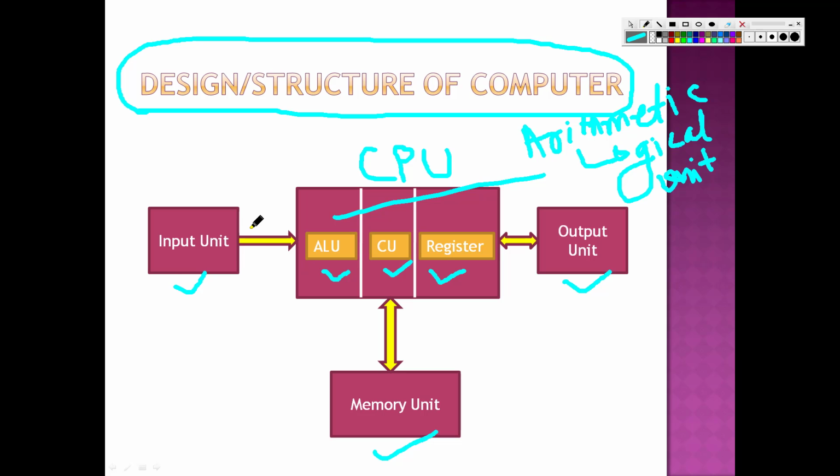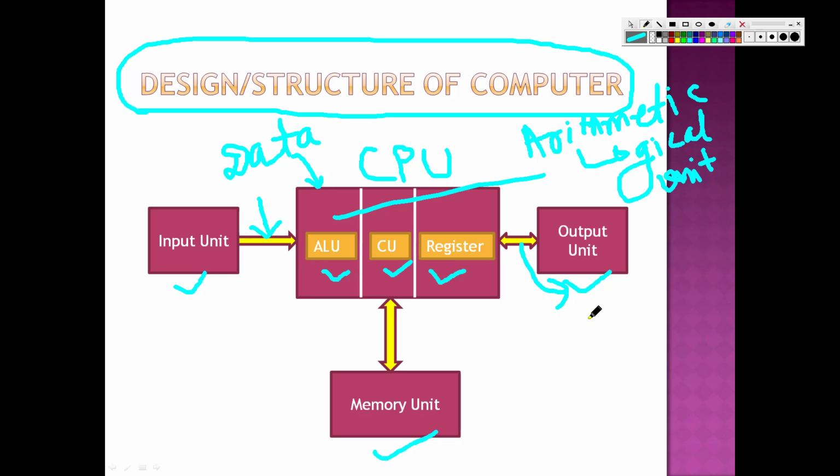So once again we are going to discuss input unit, output unit, memory unit and CPU. For overall discussion, input unit is what? Input unit takes the data from the user. The main task of the input unit is to take data and give it to the CPU. The CPU processes this data.